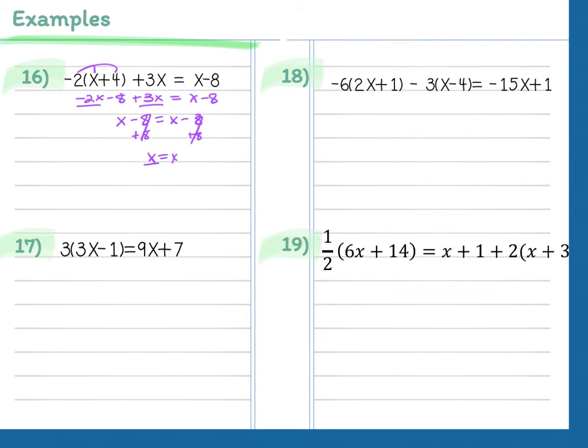Subtract the x either way. I get 0 equals 0. It's going to continue to be the same on the left side and the right side, if it's this case. So this is my identity problem. This is all real numbers is the solution, okay? And on WebAssign, it just says type in REALS, like that.